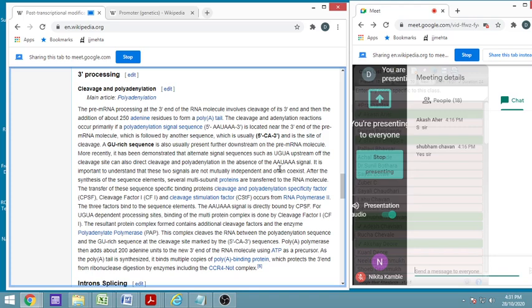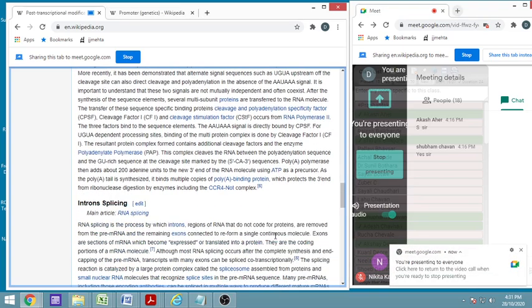Specificity factors, cleavage factors, and cleavage stimulation factors work with the RNA polymerase enzyme, and accordingly they work for various aspects like stopping the activities, making the breakages when required, stopping the final one, and again protection of the end of the RNA molecule. So these are the various activities they are producing.